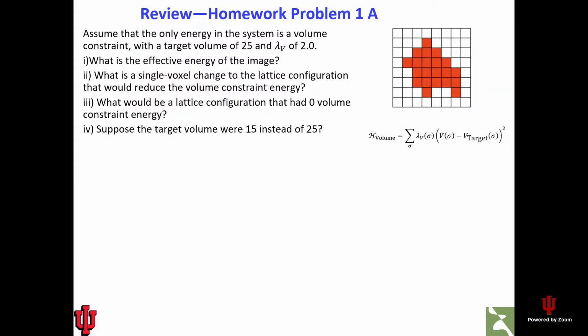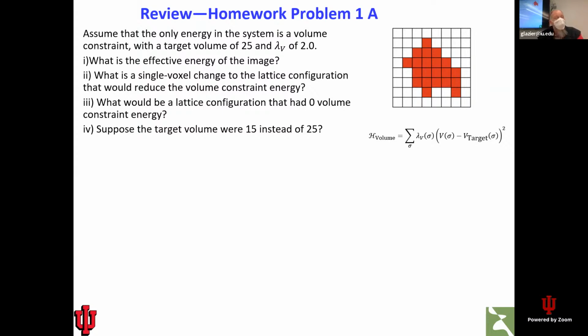Now, if the target volume were 15 instead of 25, my actual volume is bigger than my target volume. In this case, I have 21 minus 15 is 6. So 6 squared is 36, times 2 is 72.